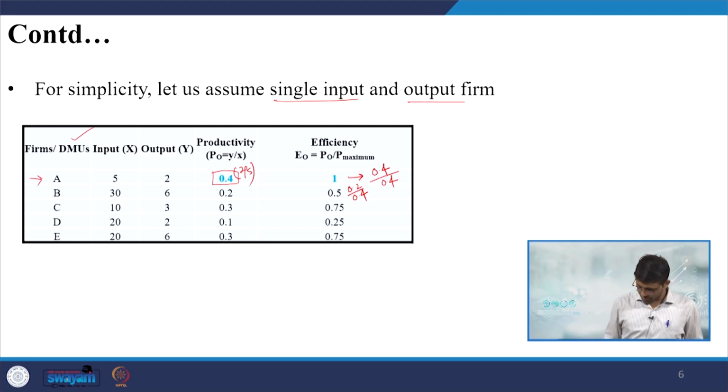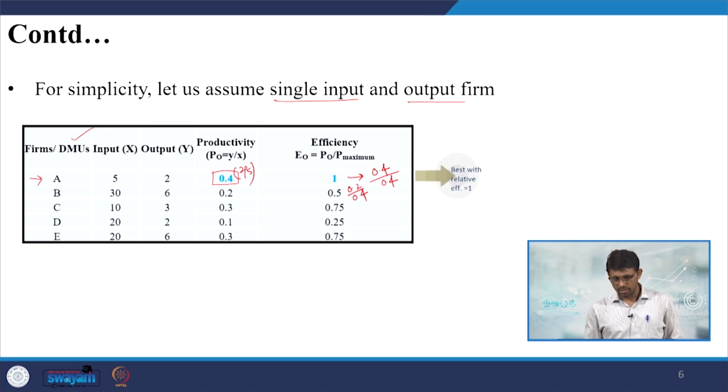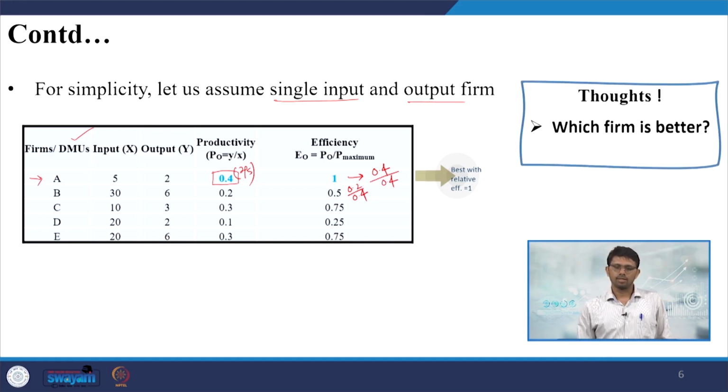Now, you can easily infer a number of things. Form A comes out to be the best one in terms of efficiency, since its efficiency score is 1, and the best relative unit of measurement of efficiency is considered to be 1.